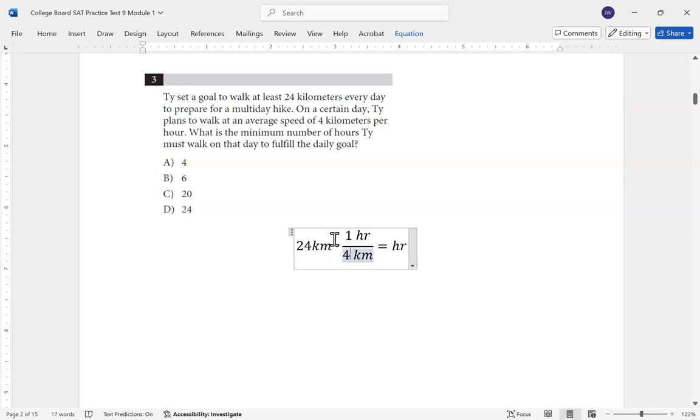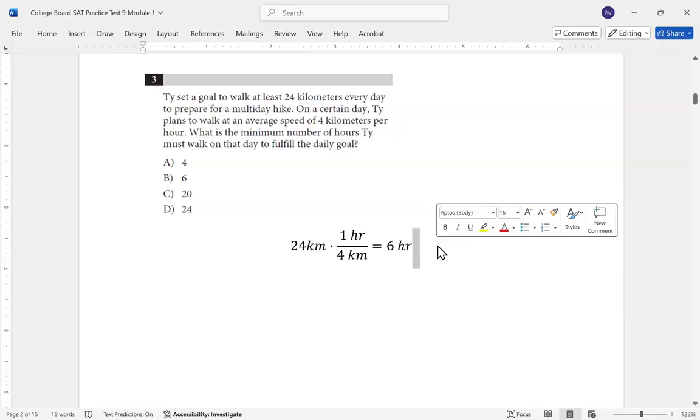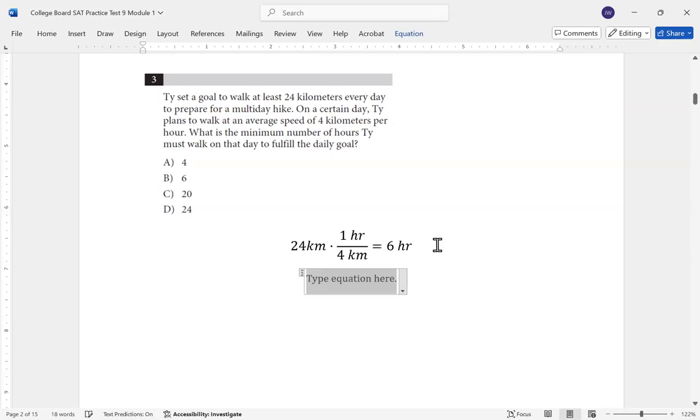So take 24 times 1/4 and you end up with 6. And 6 hours is the final answer. Well, technically 6 is the final answer because it says what is the minimum number of hours Ty must walk on that day? Minimum number of hours is 6. So B is the correct answer to question 3.